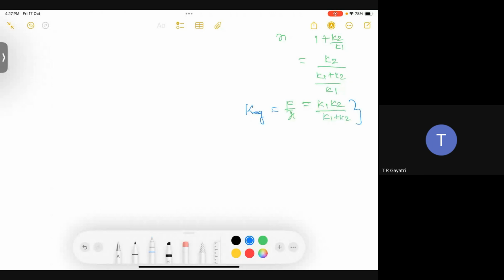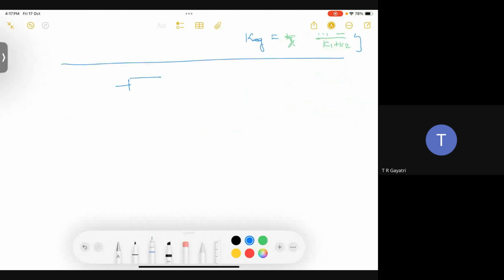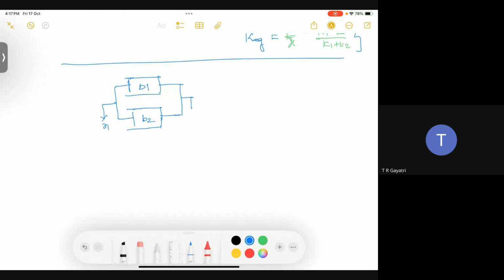Similarly, we will also try doing it for damper systems. So I'm considering two different damper connections. The first one is in parallel fashion, as we did before. The displacement from this side would be x, and the displacement from the right side, this node, would be y.